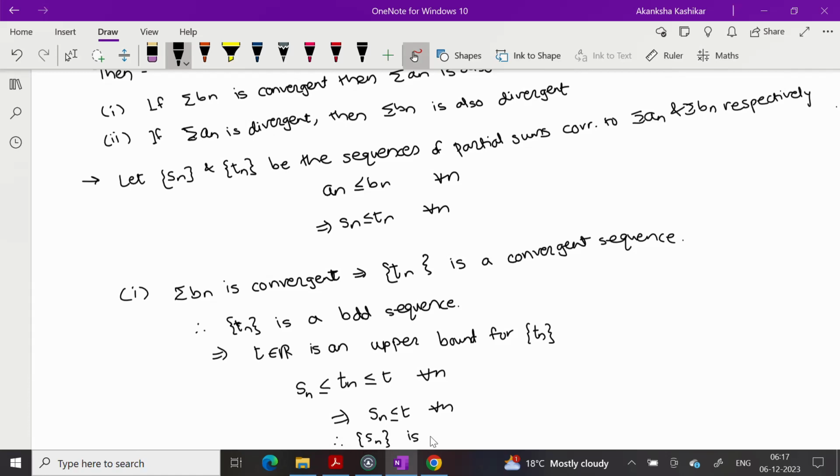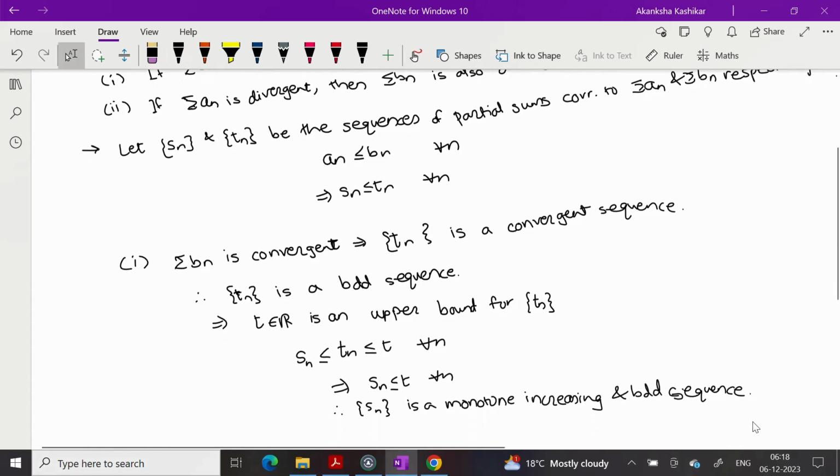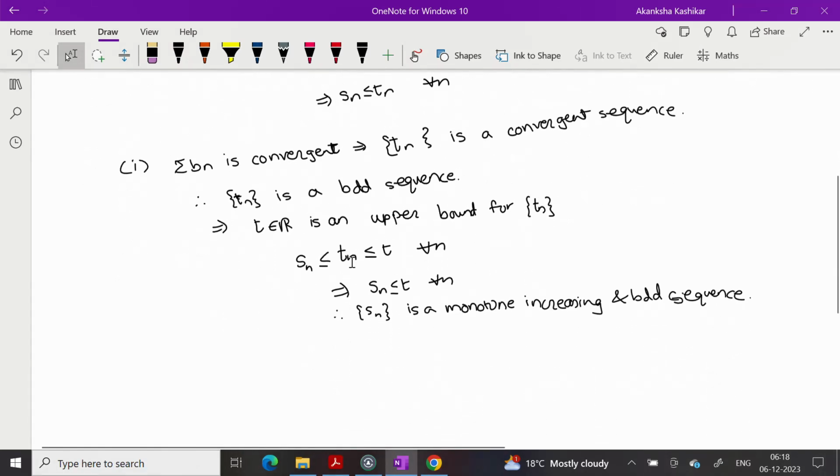Sn is also a sequence of non-negative numbers, and because the an are non-negative, Sn is also a monotone increasing sequence. So Sn is a monotone increasing and bounded sequence, and we have proved that if a monotone sequence is bounded, then it is convergent.